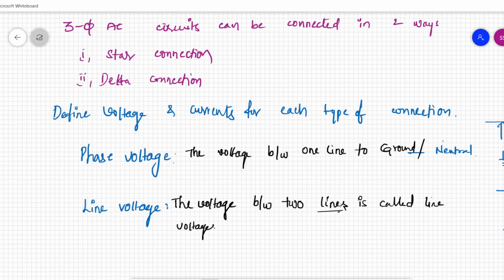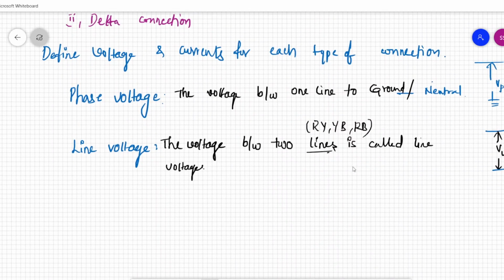These lines can be R phase Y phase, or Y phase B phase, or R phase B phase. In three phase circuits there are three lines, R, Y, B, right? So the voltage between R and Y lines is called V line, which is equal to VRY.